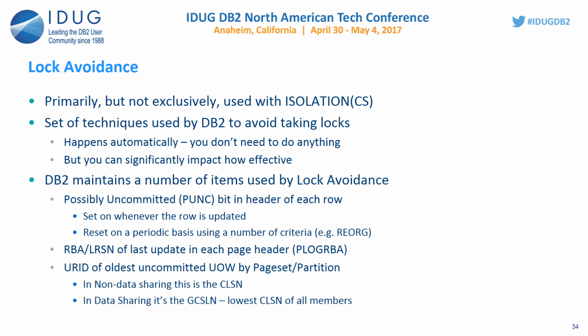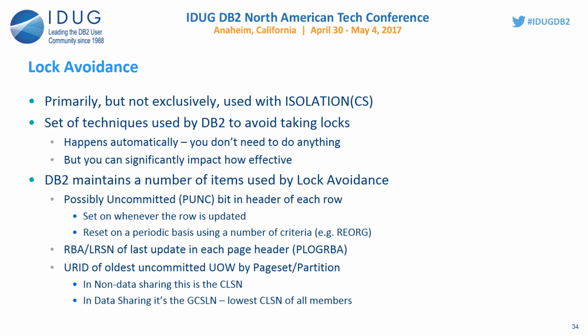The other thing is, in each page header, there's a thing called the PLOG RBA, which is the page log RBA, which is the last update that was made to that page. It's either an RSN or an RBA, depending on whether you're data sharing or not. And DB2 also records the URID, which is the start RBA, the first update in a unit of work.